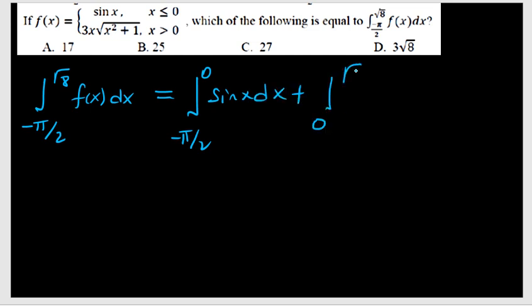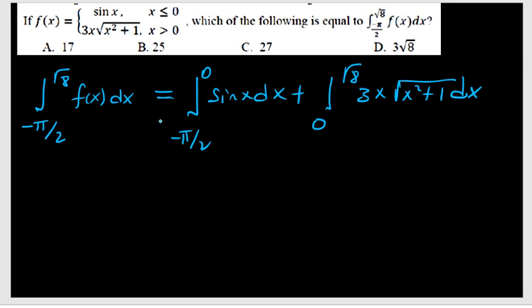For x greater than 0, it is another function. So this integral can be written as the integral from negative pi over 2 to 0, we'll use sin x dx, plus from 0 to radical 8, we will use the second function, that is 3x square root of x squared plus 1 dx.